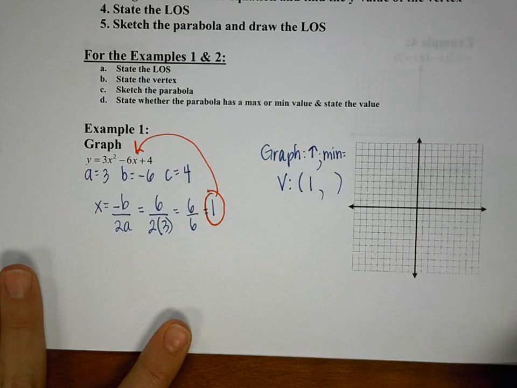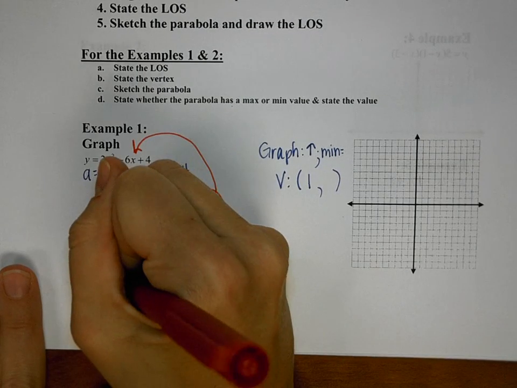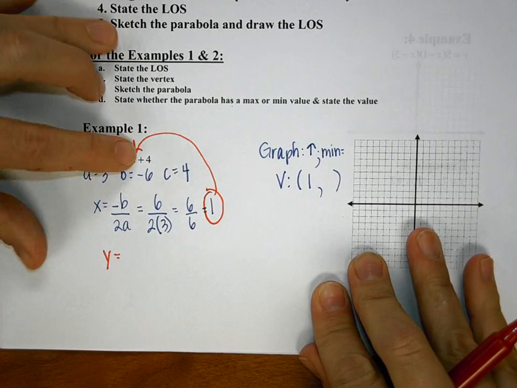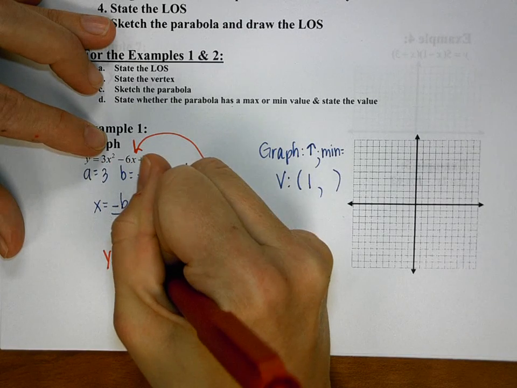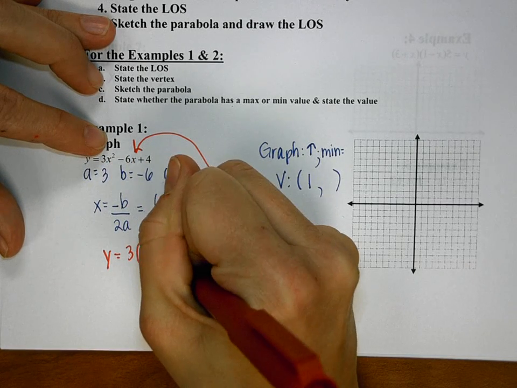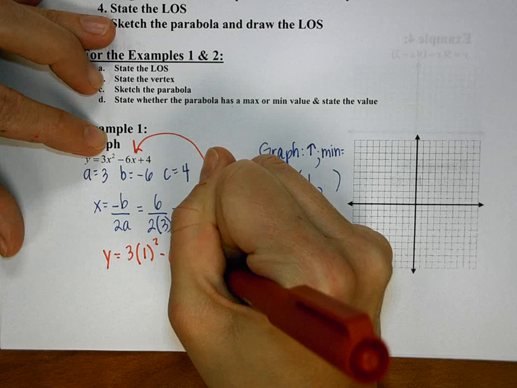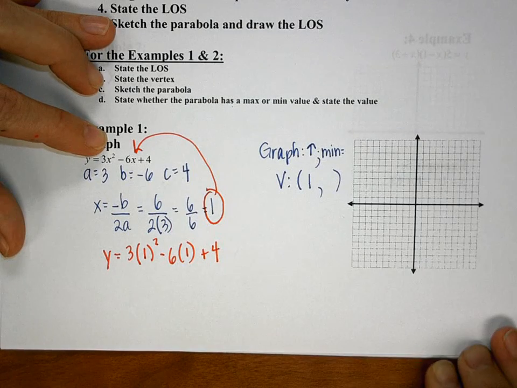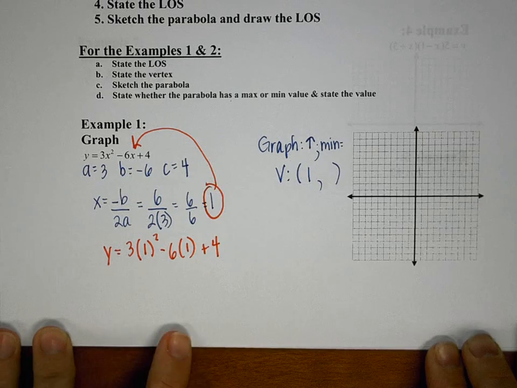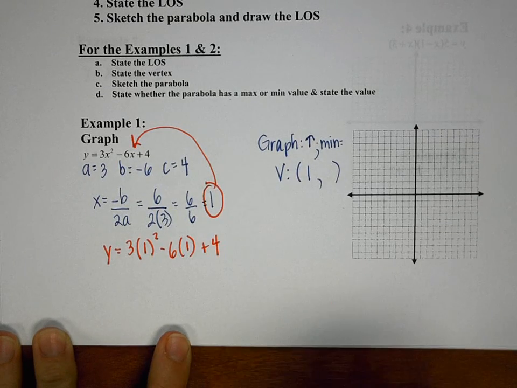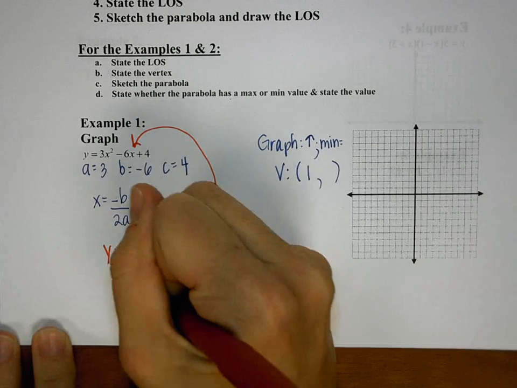Okay, so what I'm going to do is I have y equals, and if we're going through this right here, it is 3 times 1 squared minus 6 times 1 plus 4. When we go through that, 1 squared is what? 1. So I still have 3 times 1.